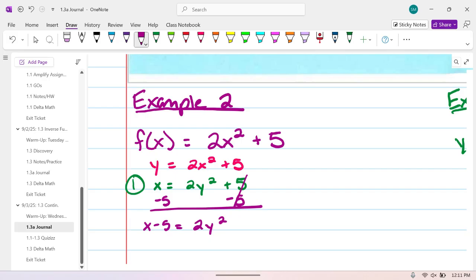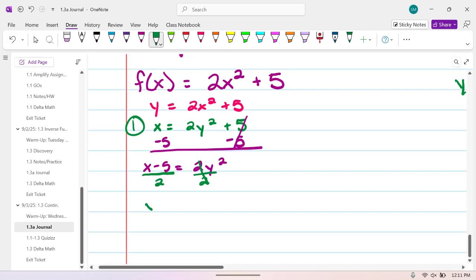Multiplication. What comes first in SADMEP? Multiplication. We got to get rid of that 2. How do I get rid of it? Divide both sides by 2. And I mean divide all of that side by 2. So that goes away. I'm left with x minus 5 all over 2 is equal to y squared.